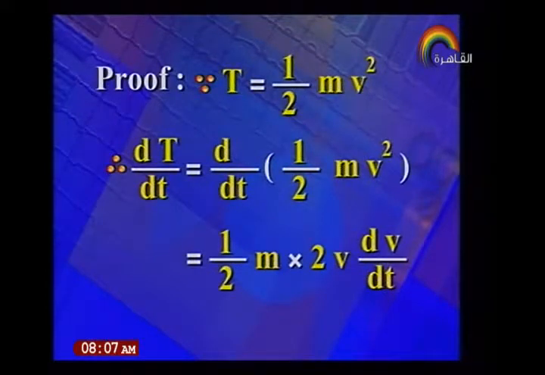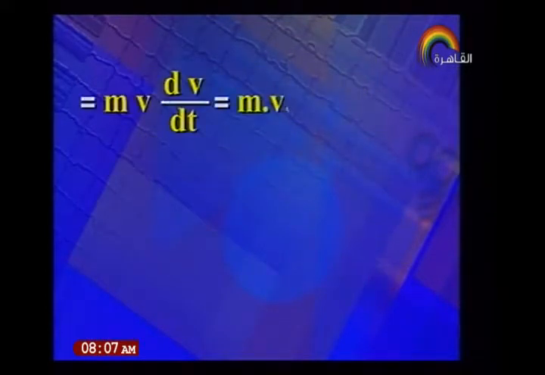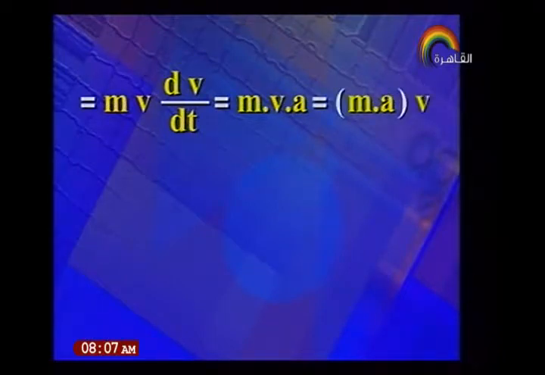Then the right hand side equals mv dv over dt. What is the differentiation of velocity with respect to time t? Excellent, student, acceleration a. Then the right hand side equals m times v times a.